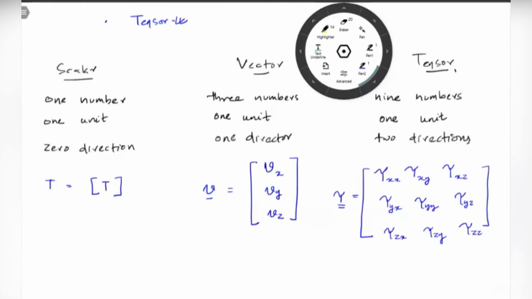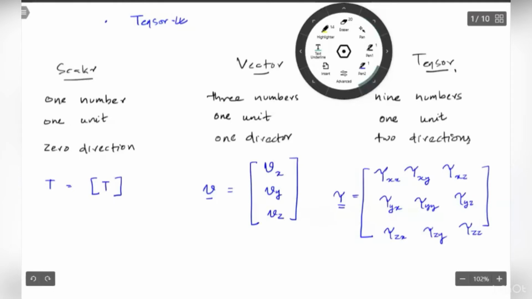This is called a stress tensor. Everything you can see can be represented by a matrix. The matrix could be a 1 by 1 matrix, or a 3 by 3 matrix. So a matrix is actually called a tensor.